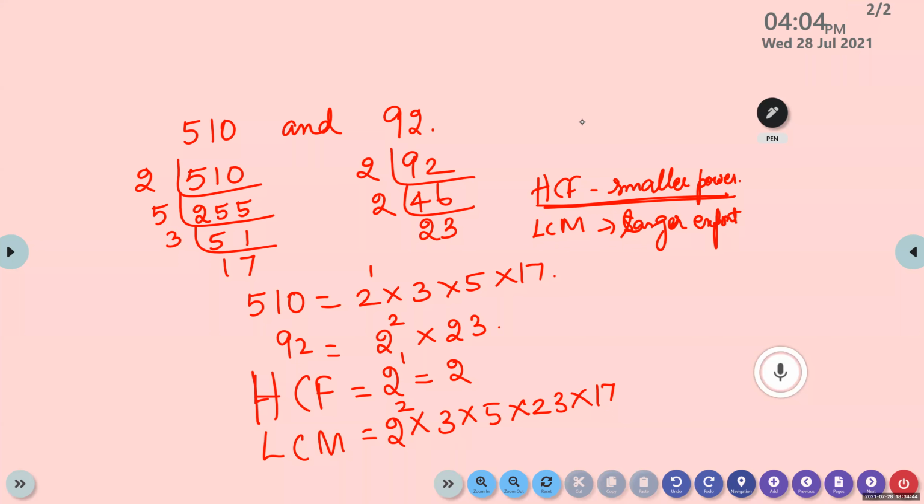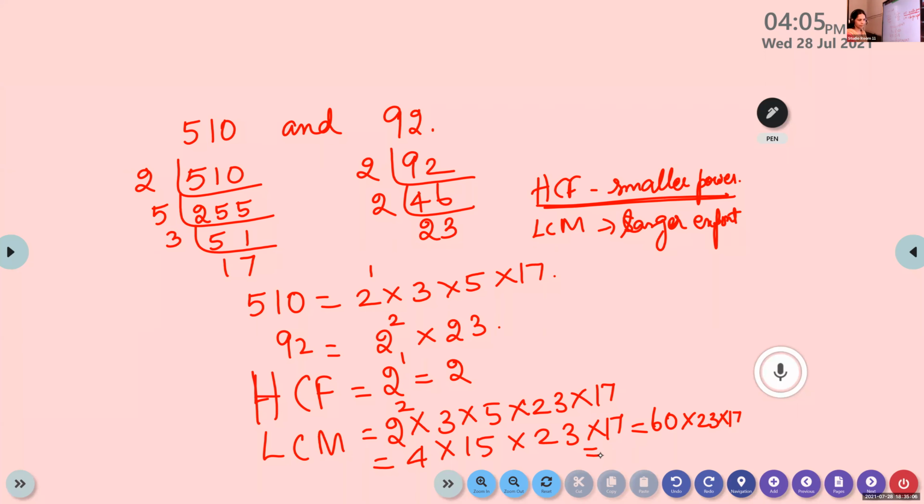Now find out the product, children. You find out the product. 2 square means 4. 4 into 15 into 23 into 17. So what is the answer? 4 into 15 is 60, into 23 into 17.